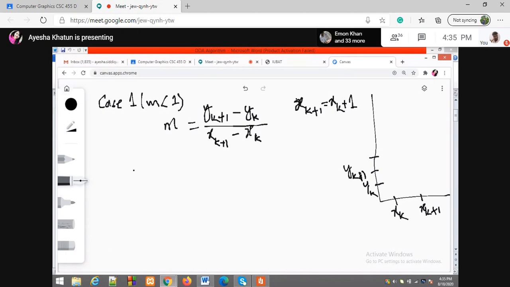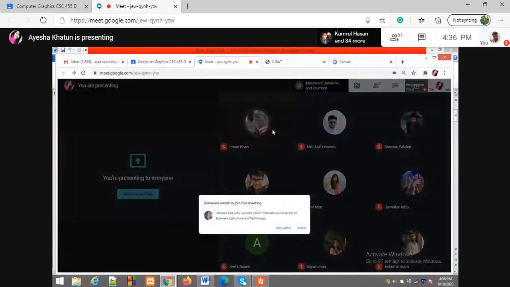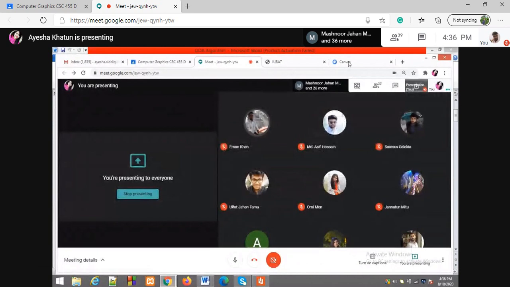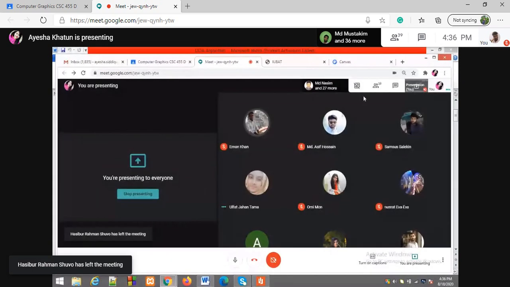So now what we can write here, m is equal to yk plus 1 minus yk, and then xk plus 1 minus xk. Now this plus xk and this minus xk can be cancelled.